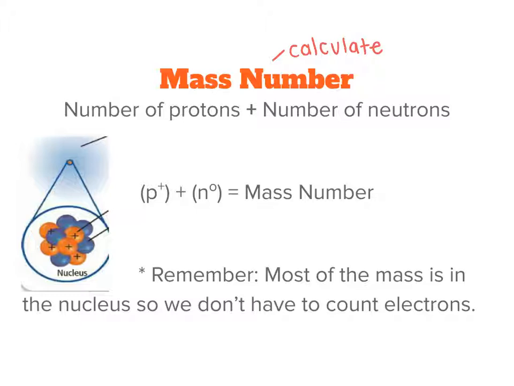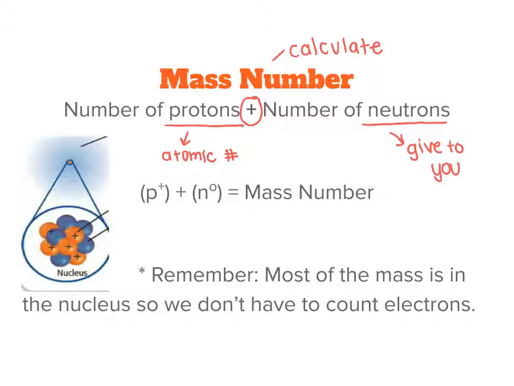The calculation that we're going to do, we're going to take the number of protons and we're going to add to it the number of neutrons. Now remember, the number of protons we can find with the atomic number. I will have to tell you the number of neutrons.